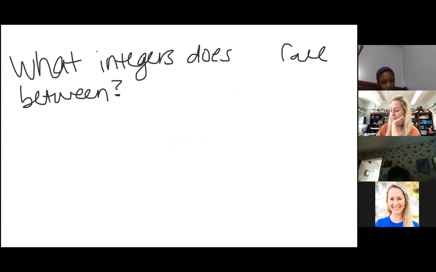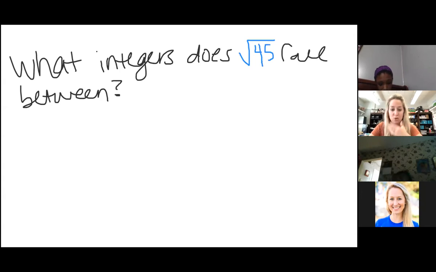What about the number square root of 20? No, I don't want to do that one. Square root of 45. Now, the square root of 45 is not going to give you a whole number.